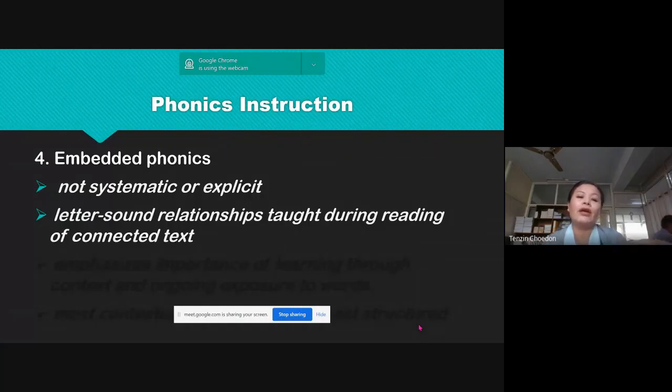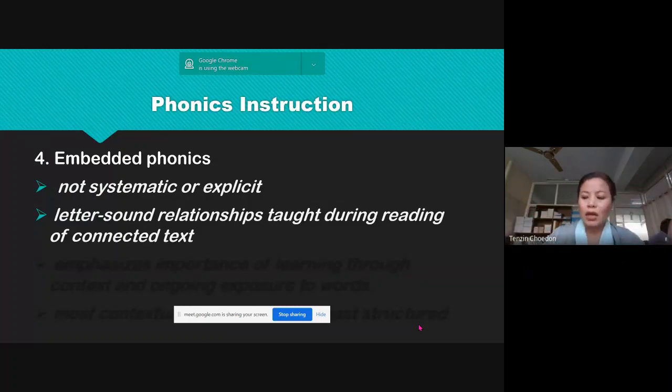It depends on how and when the teacher introduces the different phonemes, because this is based on reference to context.